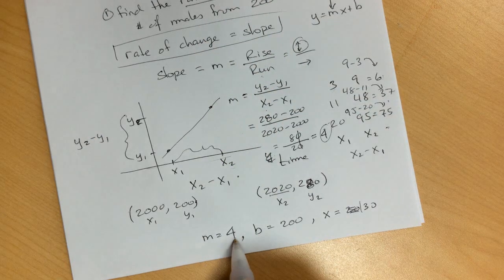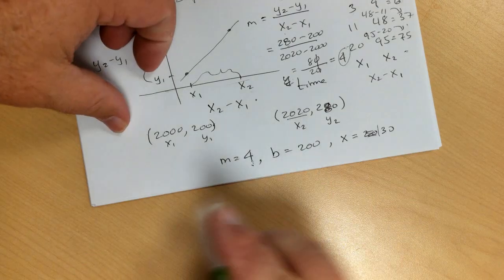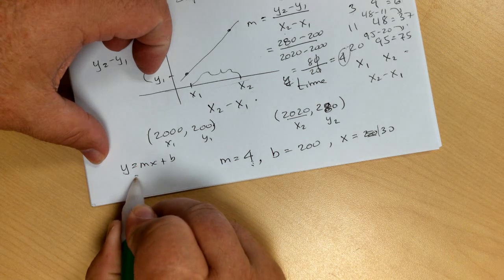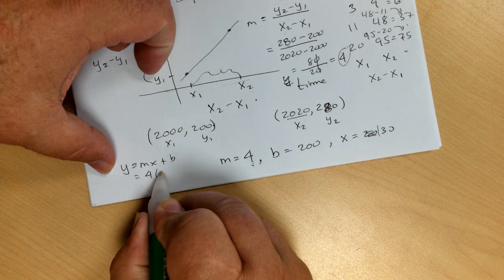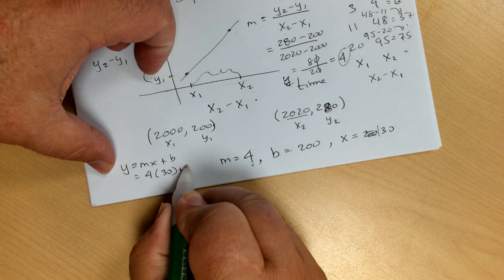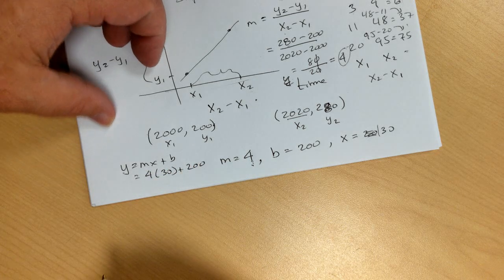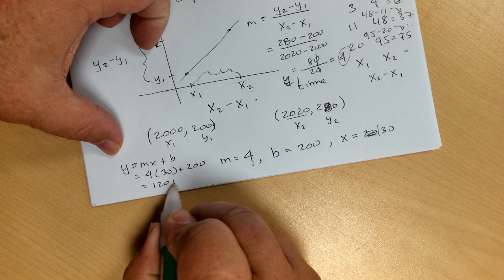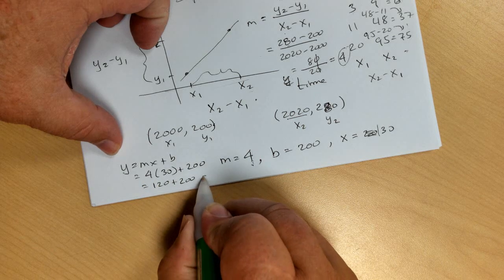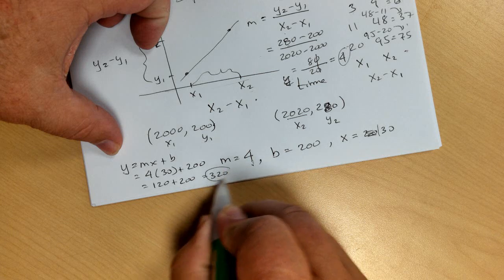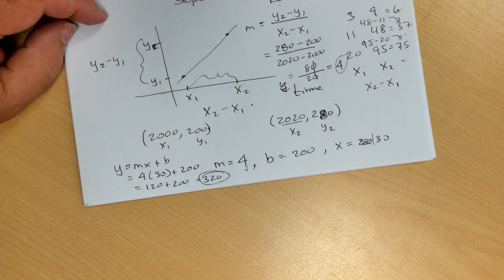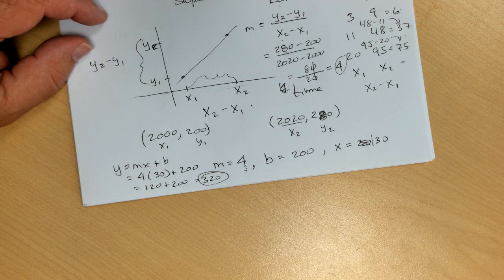And we gain 4 people a year. So y equals mx plus b, 4 times 30 plus 200. 120 plus 200 is 320. We're going to have 320 males in the year 2030. That's what's projected, estimated.